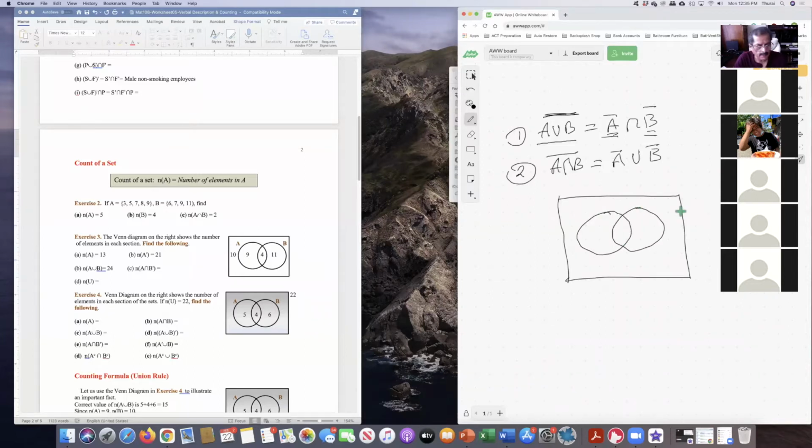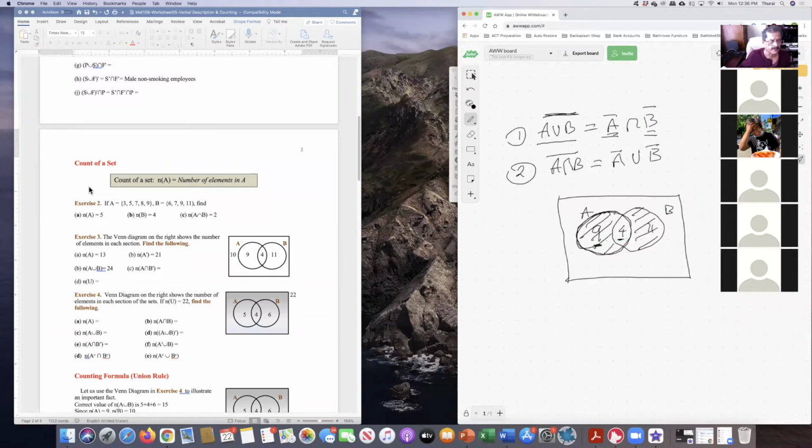The 9 elements shown in the figure is 9 for this section only, okay? And 4 for the common section between A and B. The elements that are common to A and B, that's 4. The 11 is only this section, okay? So the question asks you how many elements are in A. Can you see that? That's 9 plus 4. Yeah, I see. There are 9 elements in this section, 4 elements here. 9 plus 4 is the total number of elements in A.